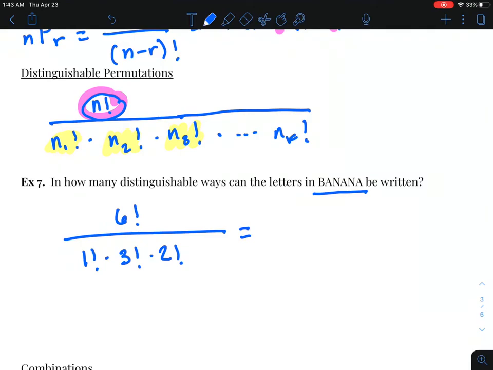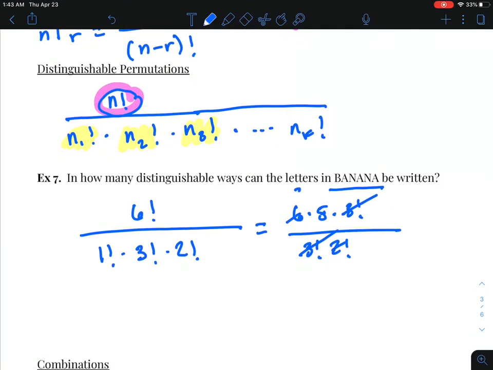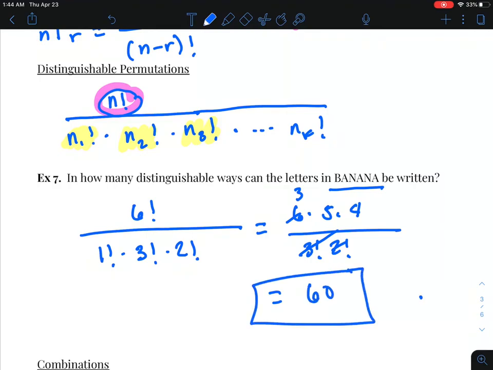That just ends up becoming 6 times 5 times 4 times 3 factorial over 3 factorial times 2. Cancel, cancel. 6, 5, 4, missing the 4. So that is 60. And that is permutation.